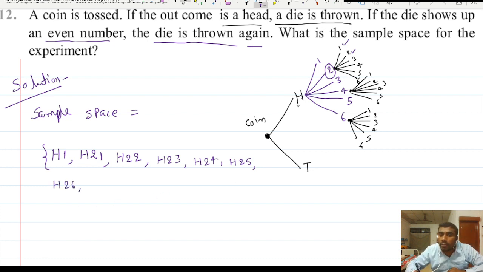We have written all the combinations with H2: 1, 2, 3, 4, 5, 6.